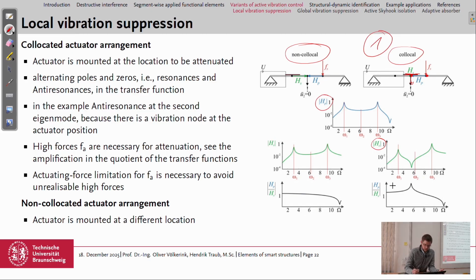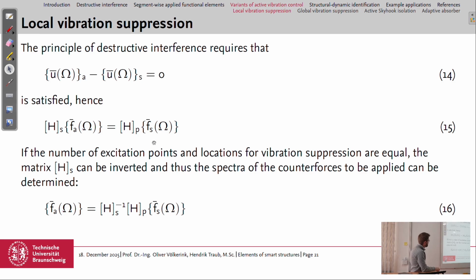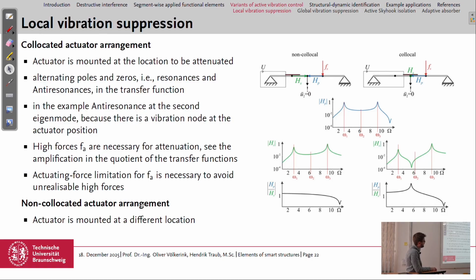And what is important, we saw, maybe I quickly go a few slides back. What is important is the inverted matrix of the secondary path times the matrix of the primary path, or here it is written down as the fraction of the 2 transfer functions.